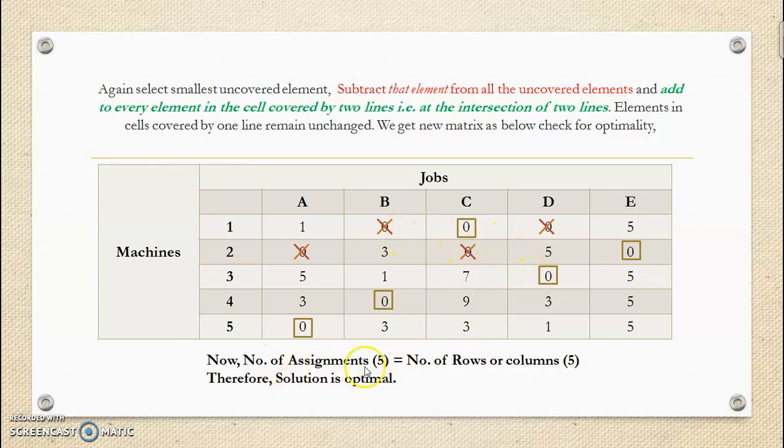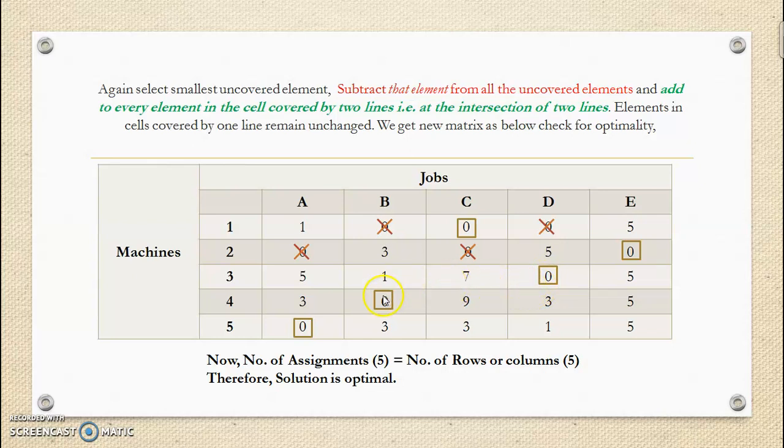Why? Because the number of assignments is equal to the number of rows or columns. How is the assignment made here? The assignment is started from a row which has exactly one 0. So this zero is assigned first because it has only one 0 element. Then cross the respective 0 from the columns. Now check again which row has exactly one 0 element.